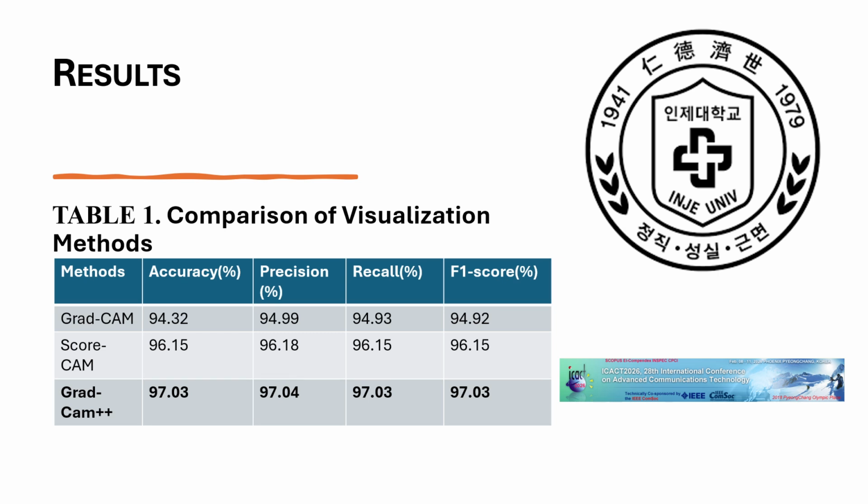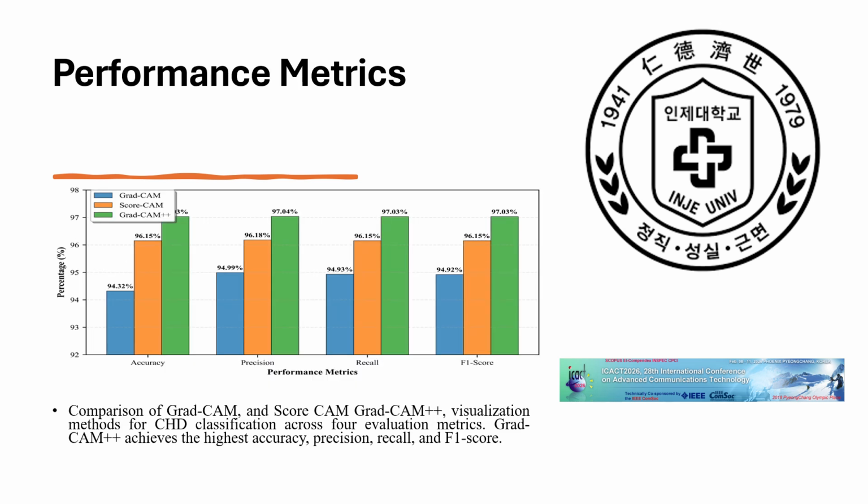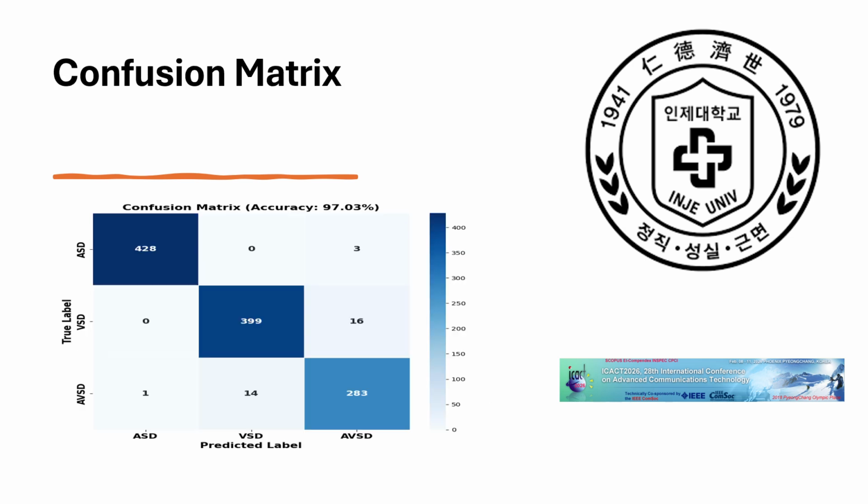The result demonstrates the strong diagnostic capability of the proposed framework. So here is the bar graph, comparing the methods across four evaluation metrics. Vit-CAM++ achieved the highest accuracy, precision, recall, and F1 score.